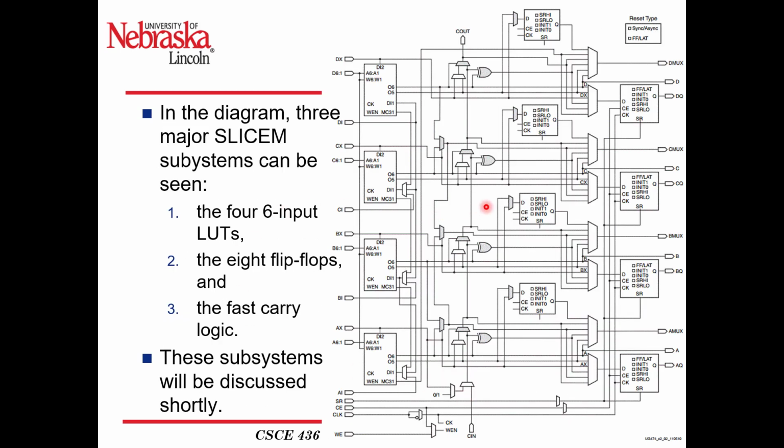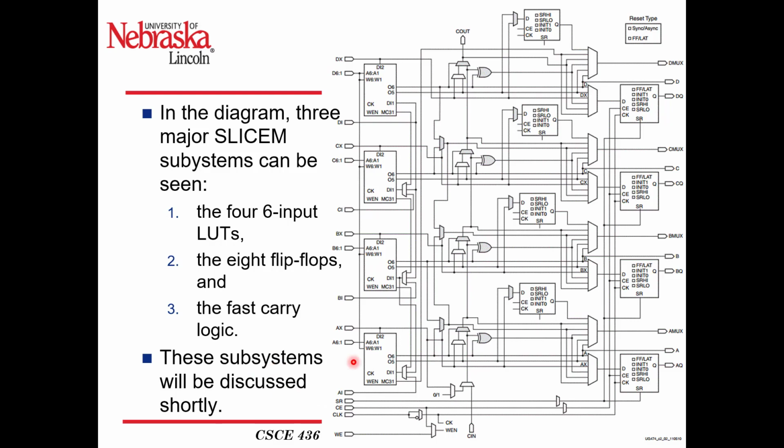So let's look at that slicem. In this diagram, you can see 3 major subsystems, and it looks like a lot at the beginning until you start looking at the individual parts. The first one, for 6 input LUTs, we have a lookup table here, here, here, and here. So 4 lookup tables. Notice they're labeled A, B, C, and D, starting from the bottom.